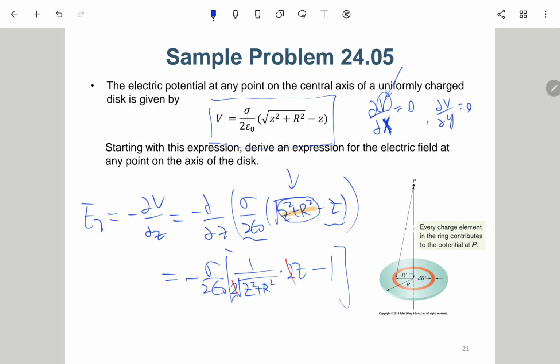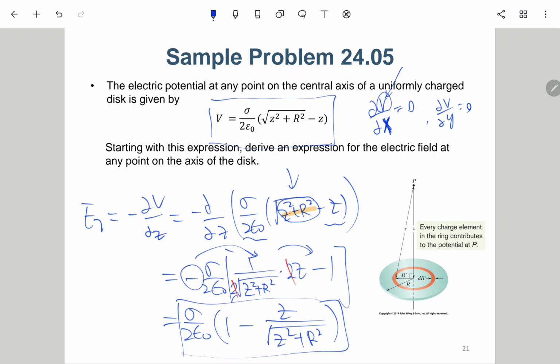Finally, we distribute the negative sign inside, so it becomes sigma over 2 epsilon naught times 1 minus z over the square root of z squared plus R squared. So this is the expression for the E field.